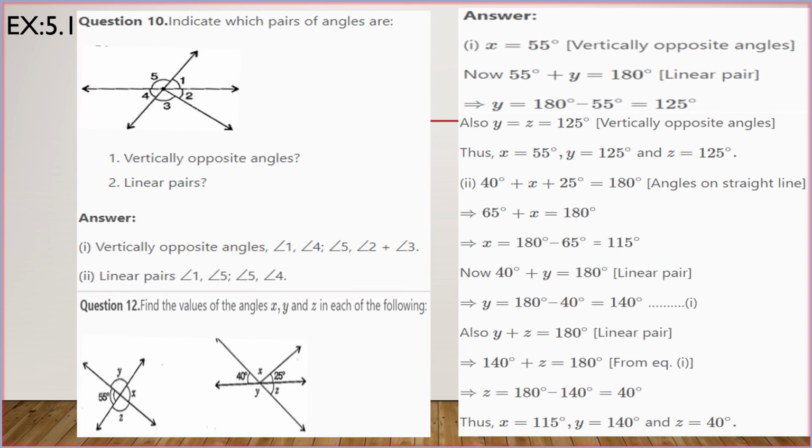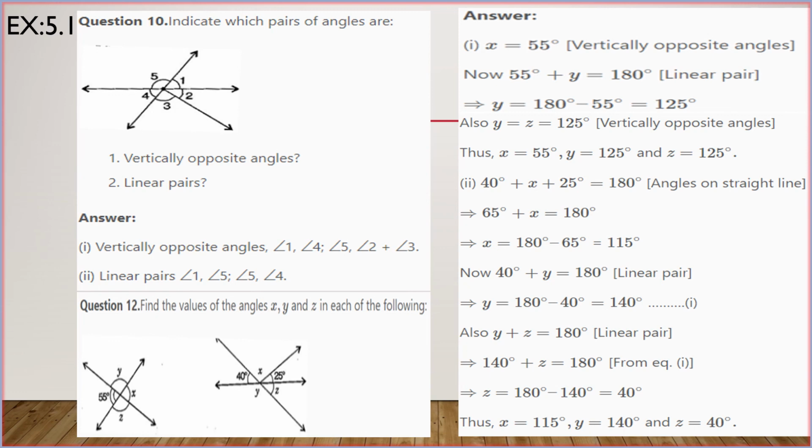Therefore, we can find out x is equal to 180 minus other two angles, that is 65 degree, that's equal to 115. Now, 40 degree plus angle y is equal to 180. They are linear pair. Therefore, angle y is equal to 180 minus 40, that's equal to 140.